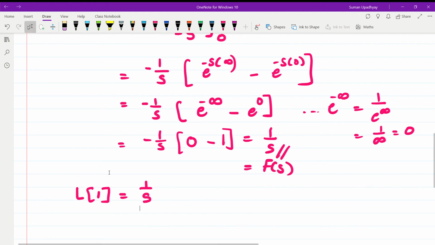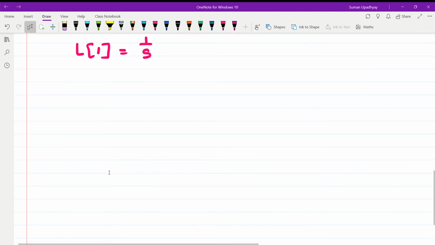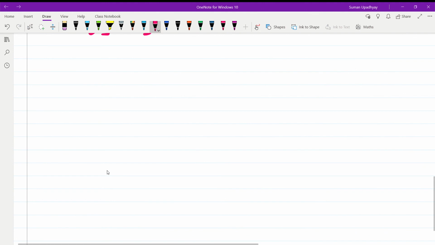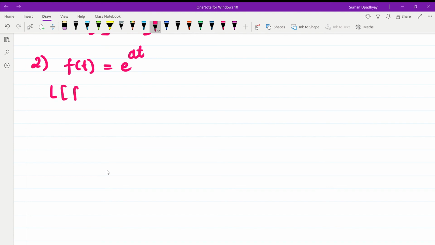Let us go to the second standard function. Let f of t be equal to e raised to at. Now we'll see what is the Laplace transformation of e raised to at. Again we are going to apply the definition of the Laplace transformation, which is integration from 0 to infinity e to the power minus st f of t dt.